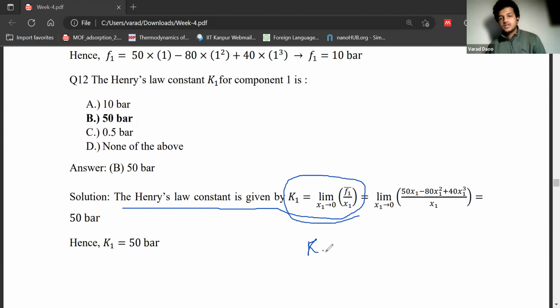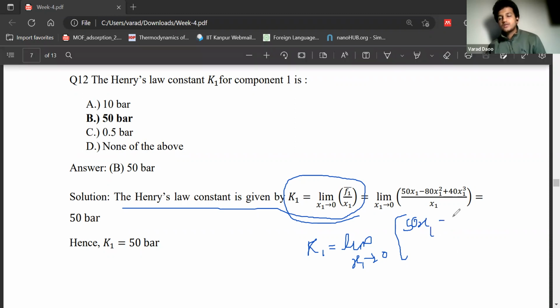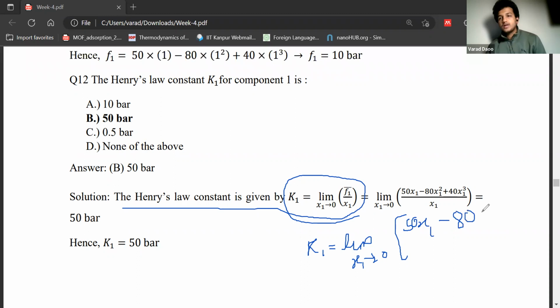So k1 is nothing but the limit x1 tending to 0 of F1 bar by x1. What is F1 bar? It is nothing but 50x1 minus 80x1 square plus 40x1 cube, divided by x1. If we put x1 equal to 0 right away, we get a 0 by 0 form. So instead, we take x1 common from the numerator and cancel it out.